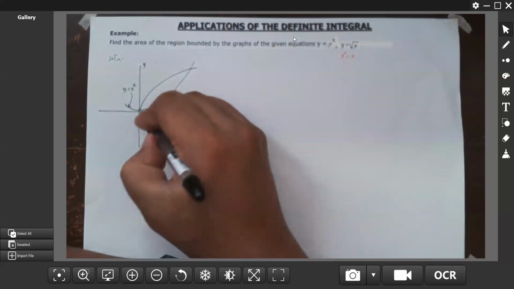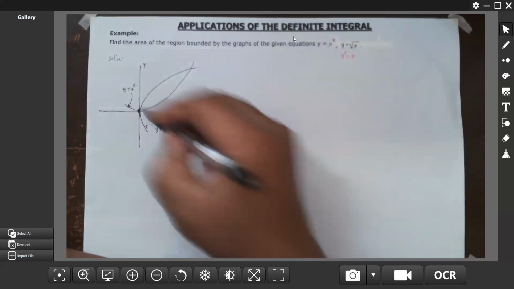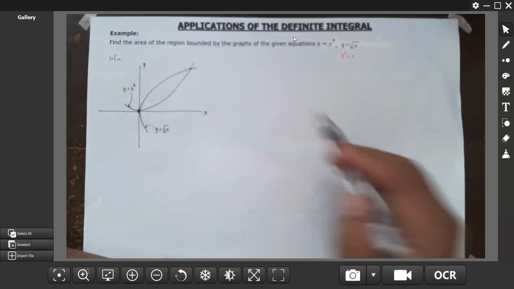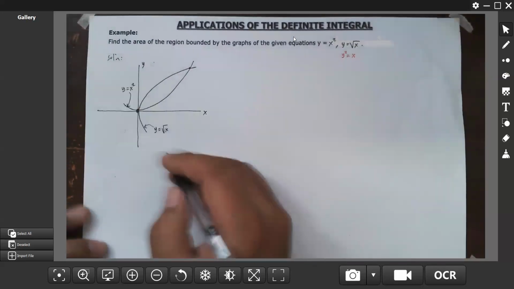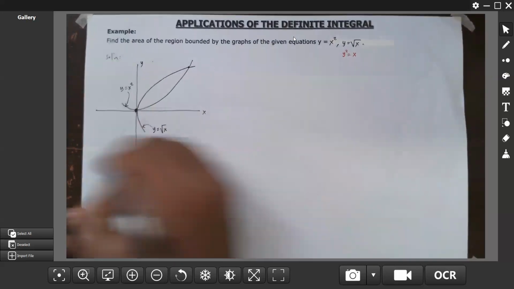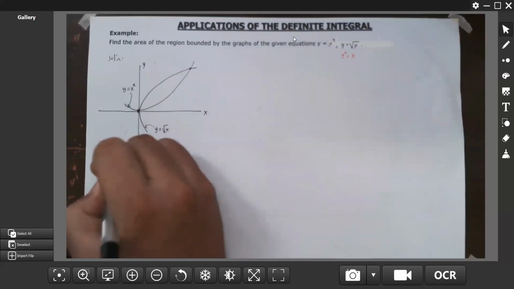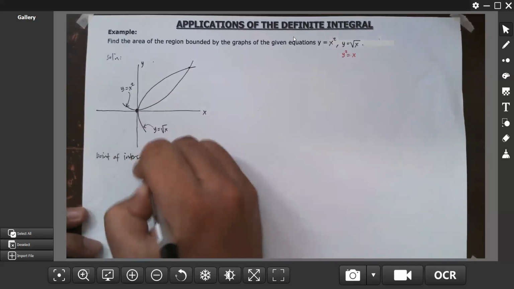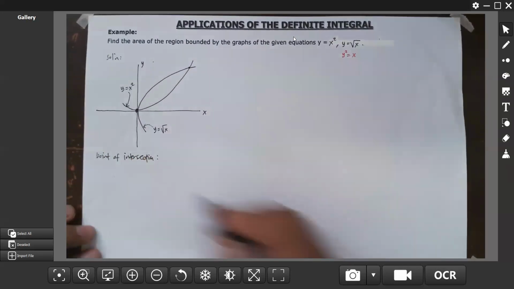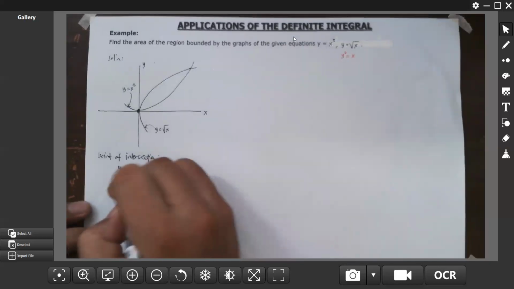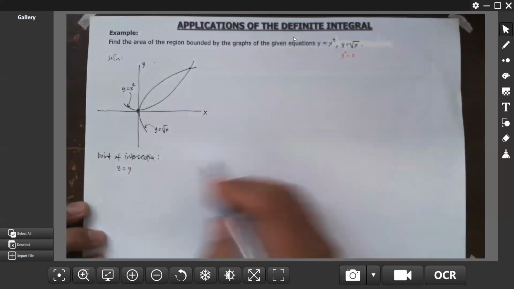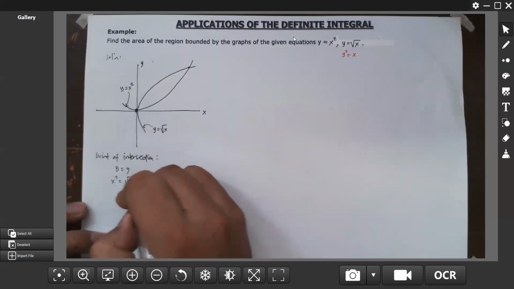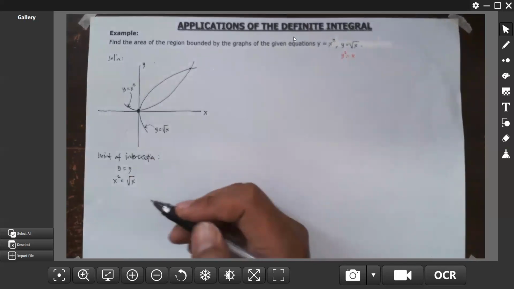One point of intersection is the origin, and for the other point, equate the two functions: y equals y, x squared equals square root of x.